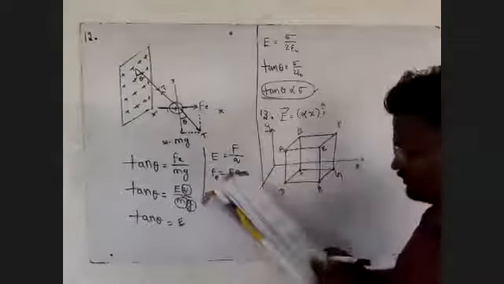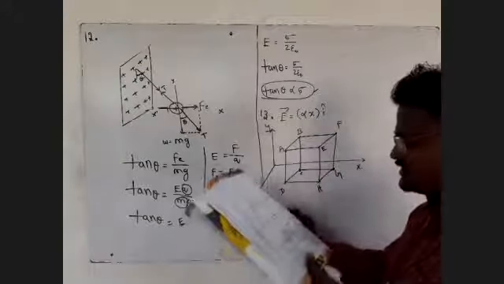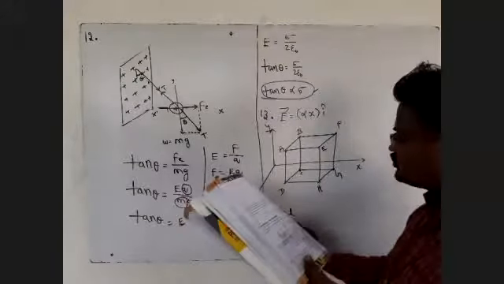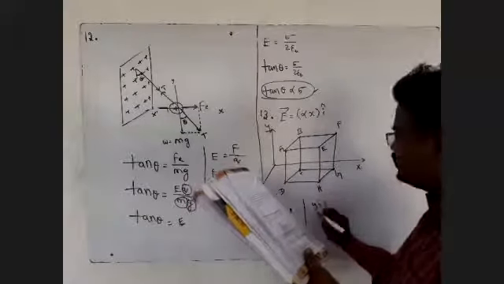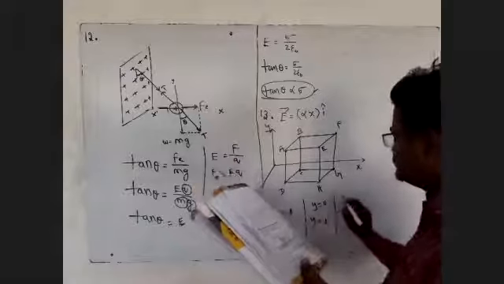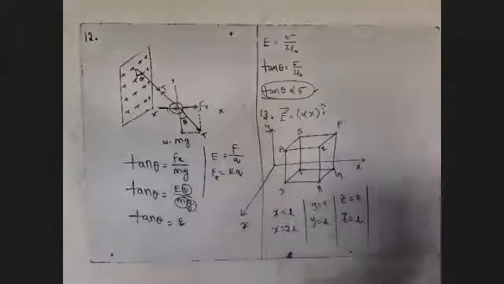Also given are x equal to L, x equal to 2L, y equal to 0, y equal to L, z equal to 0, z equal to L. L is given.